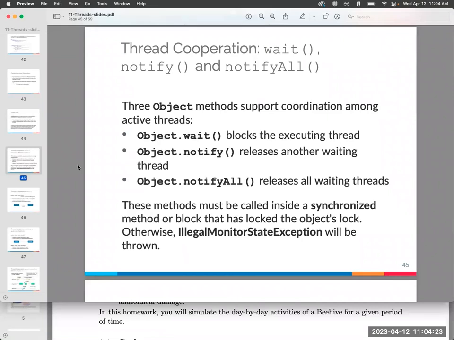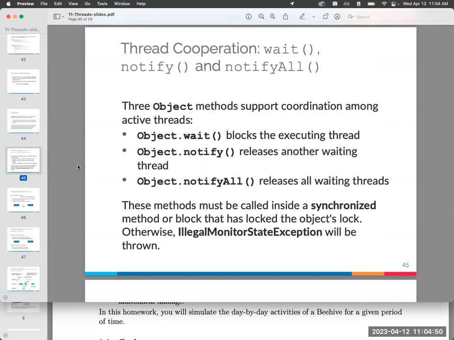I want to start talking about the wait notify mechanism. The wait notify mechanism is a very, very important mechanism that we would see in Java. It is essentially a built-in mechanism that allows threads to put themselves in a wait state.